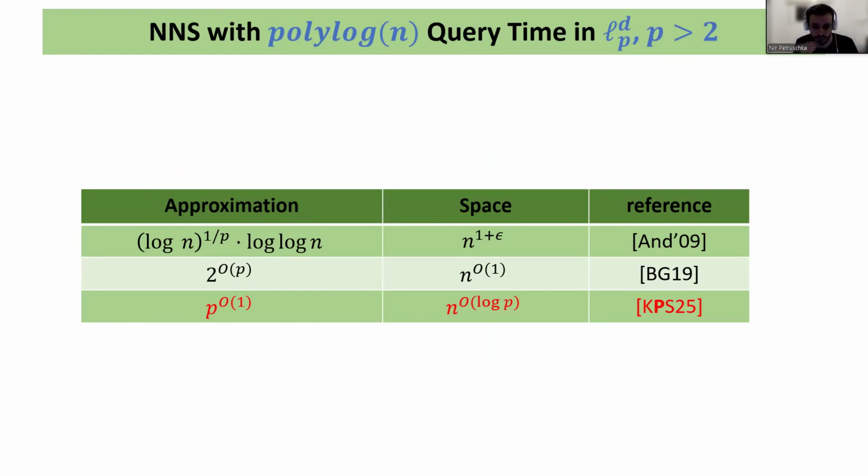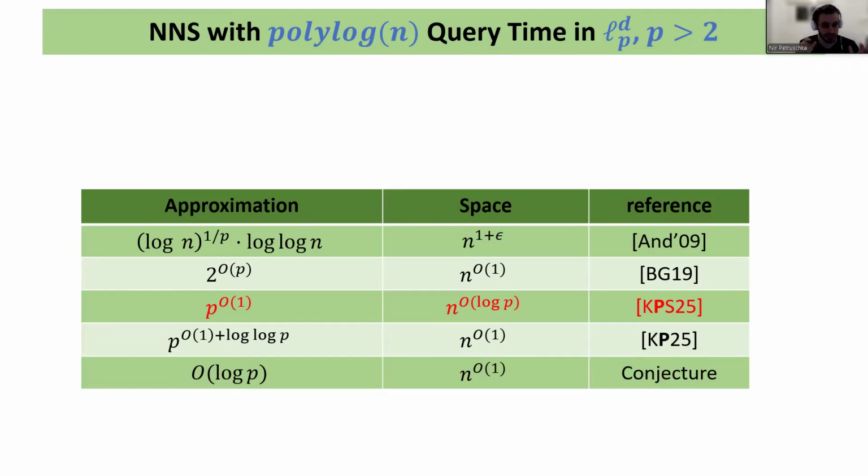Okay, and before we continue to the next problem and actually to see some solutions, I want to say that you can actually fix this space blowup, or almost fix it, and also that we don't think that this is the end of the story.